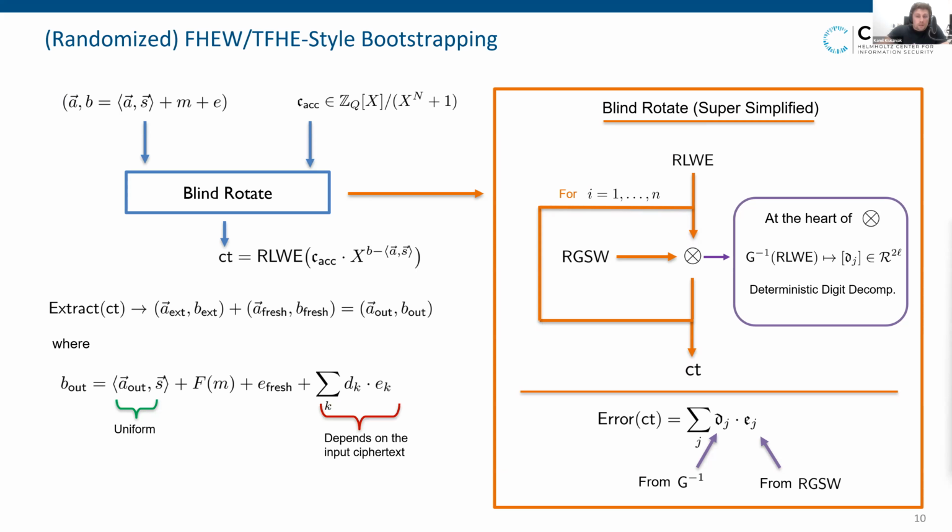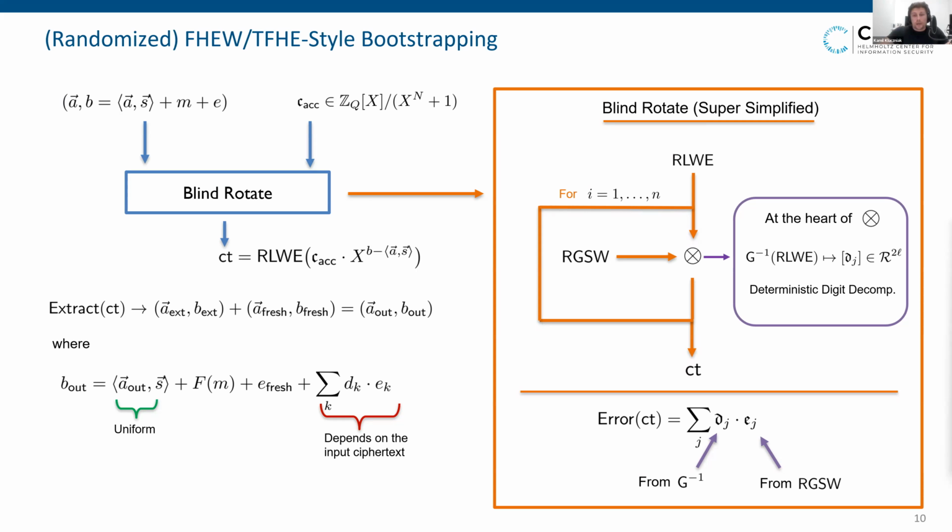Then the next step is that we can show that in this specific ring that we are working in, the extracted LWE ciphertext has its error in the form of this inner product of the individual coefficients of the DJ polynomials and the coefficients of the ring GSW errors. Actually, in the paper, the proof of why the error is in this form takes, I believe, two pages. So in the talk, you just have to believe that it is like that.